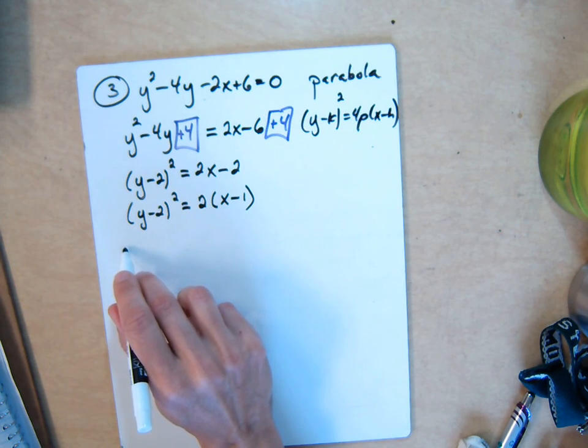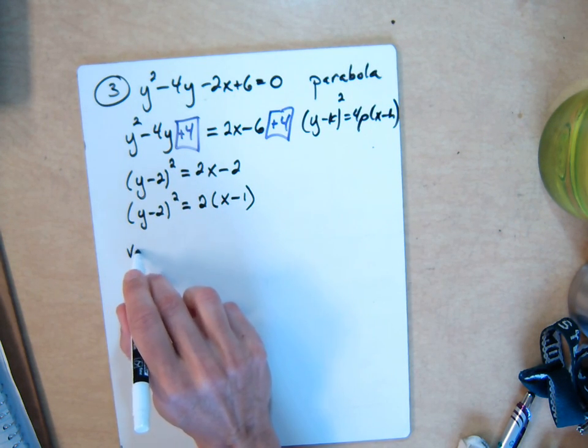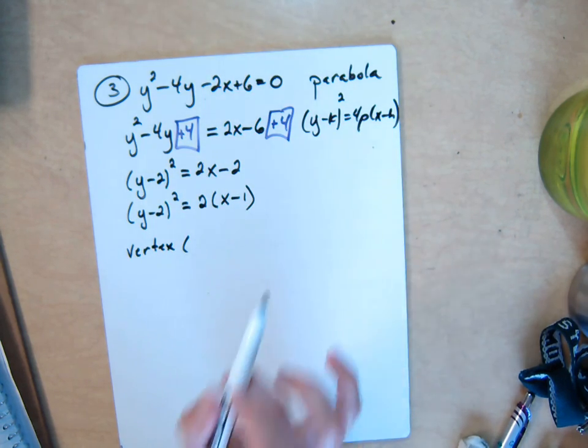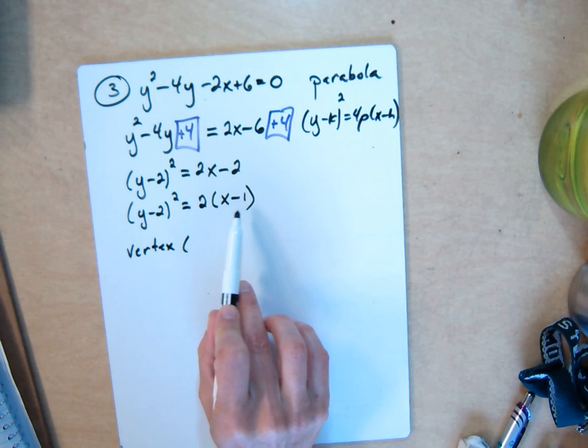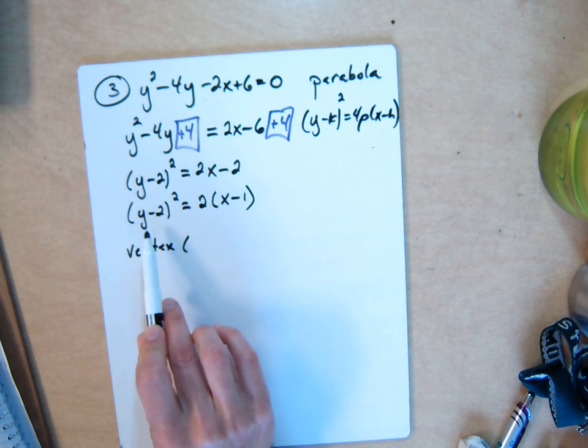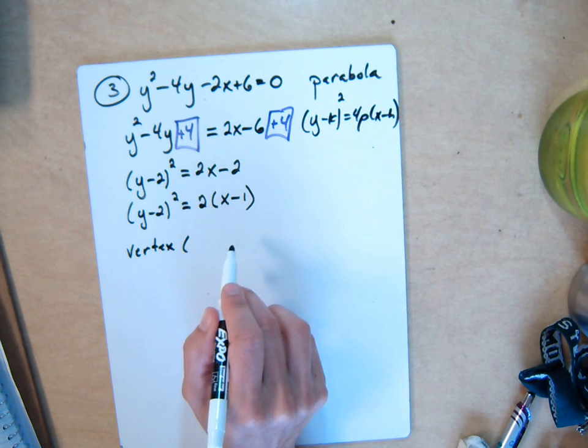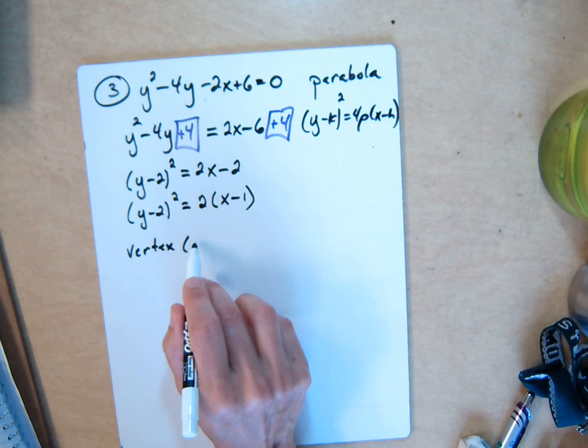So let's write down the pertinent information. The vertex is at (h, k). Be careful here, okay? H always goes with x. K always goes with y. So (h, k) is (1, 2). Good.